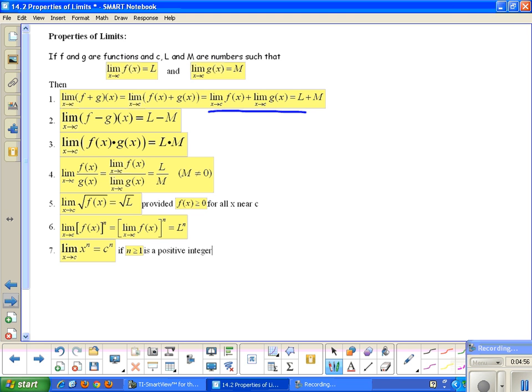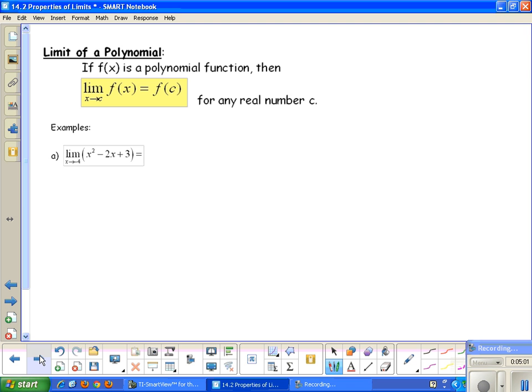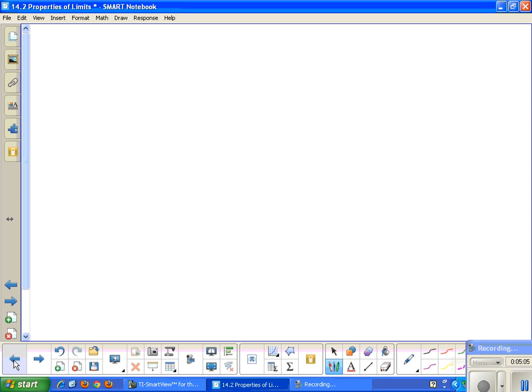And you can look through all these, which is also in your book, so I'm going to skip through that. So the limit of a polynomial function, and actually just to go back real quick, let's write down some of what that was. So if I had f plus g, if you have two functions, let's say f of x is equal to 4 and g of x is equal to x.